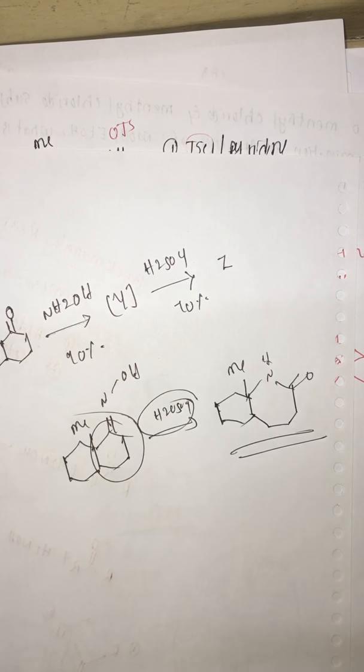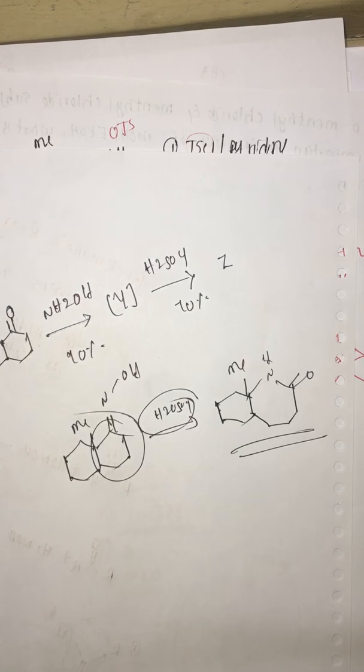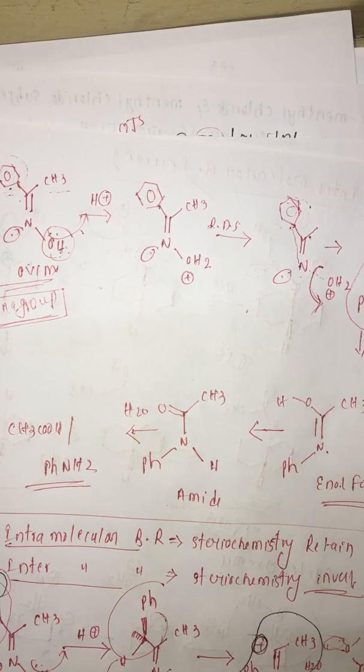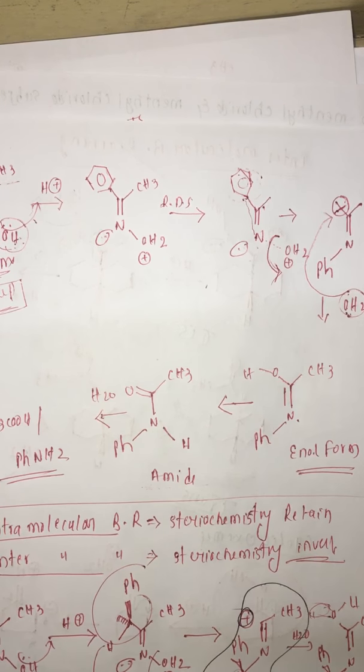So this is about the Beckmann's rearrangement. This is one of the famous topics for GATE chemistry. So I hope all things got cleared here about the Beckmann's rearrangement. The main thing we need to remember is that the group which is present opposite to the OH will migrate. Next, we have to see intramolecular Beckmann's rearrangement as well as intermolecular Beckmann's rearrangement.